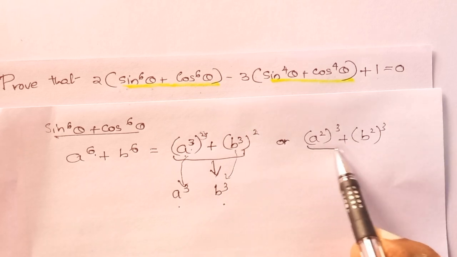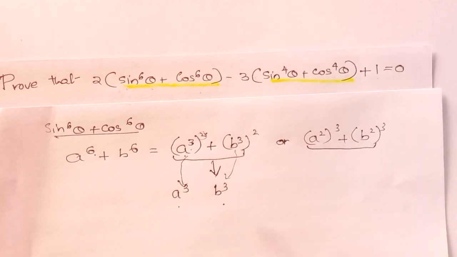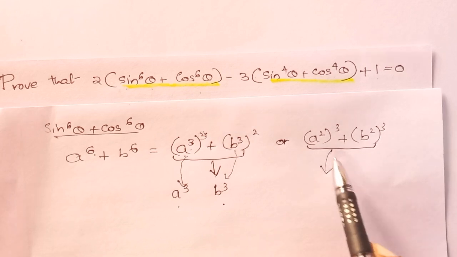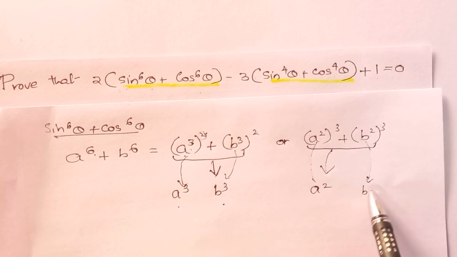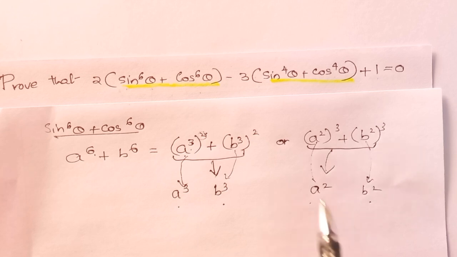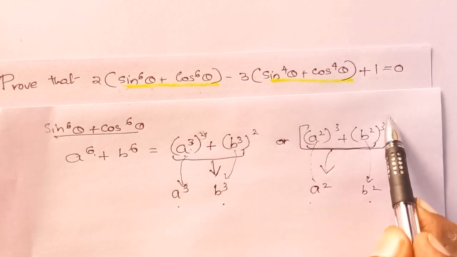But when you look at this option, its final result contains a square and b square, which is sin square theta and cos square theta as per our question. It can be simplified using the identity. So the better option is this one.